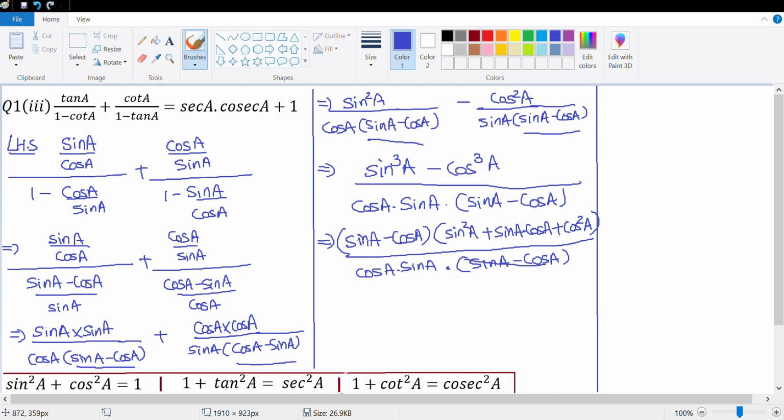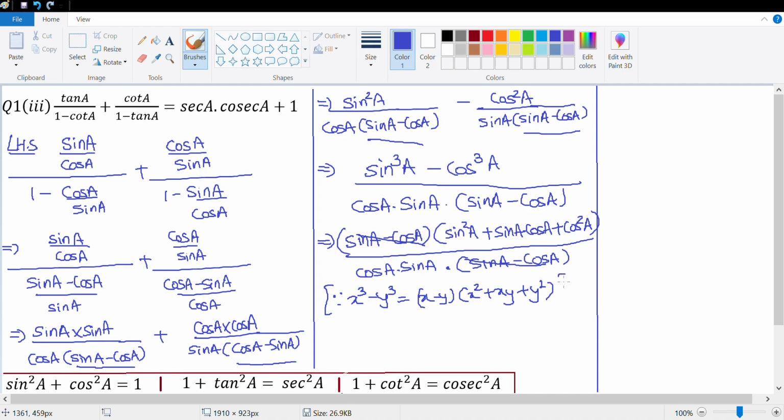This and this gets cancelled. The reason being, since x cube minus y cube is equal to x minus y times x square plus xy plus y square. Done.